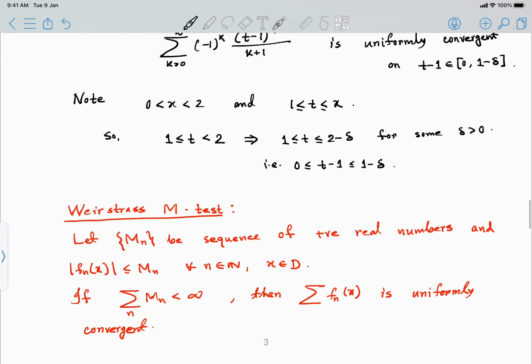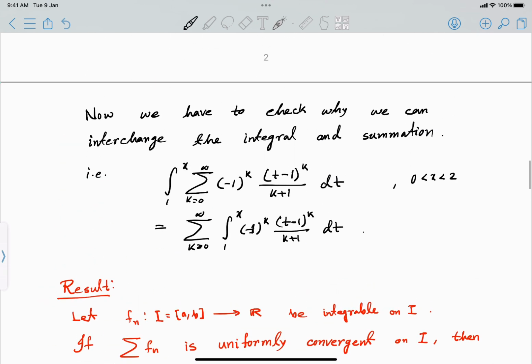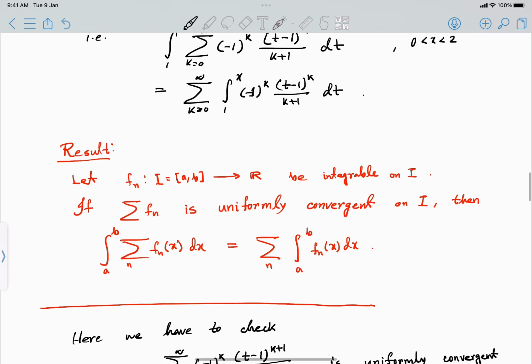Therefore, by this result, we can interchange the limit and integral.